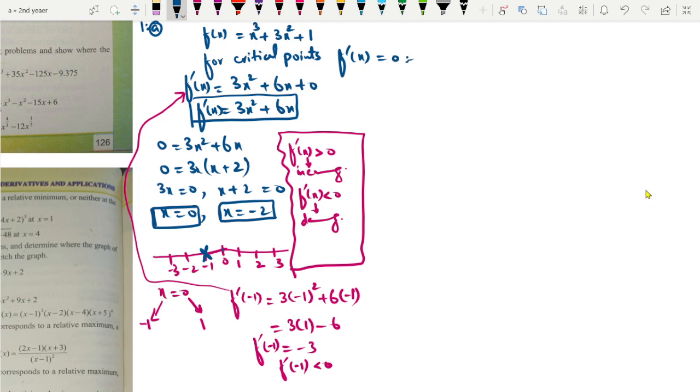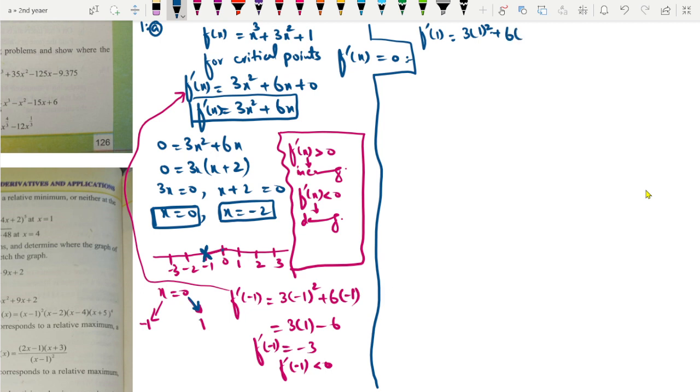So here the function is decreasing. Okay, at x is equal to minus 1, function is decreasing. So now we will put x is equal to 1. f prime of 1 is equal to 3 into 1 square plus 6 into 1. So this is 3 into 1 plus 6, so this is 9.